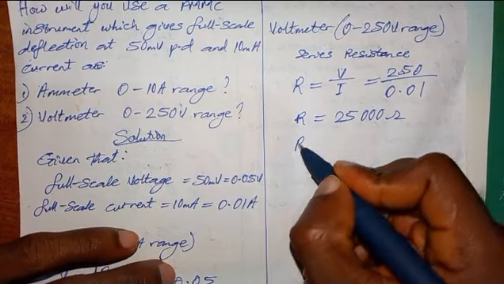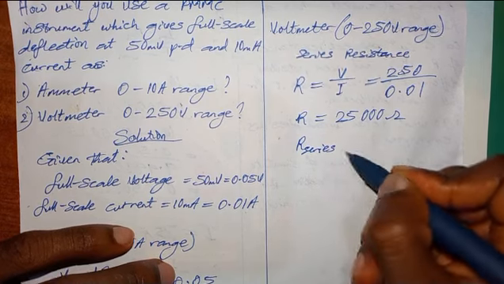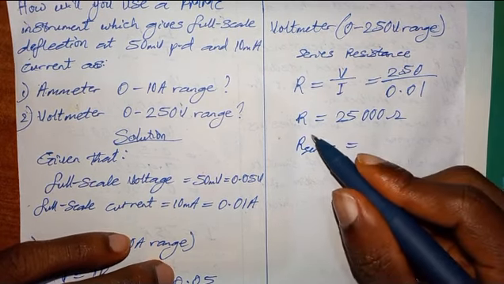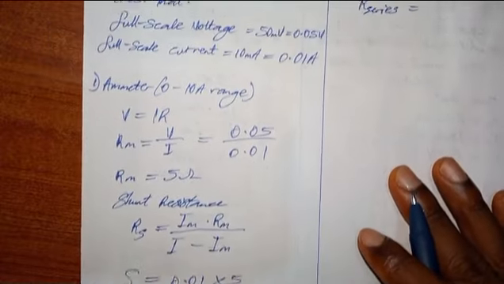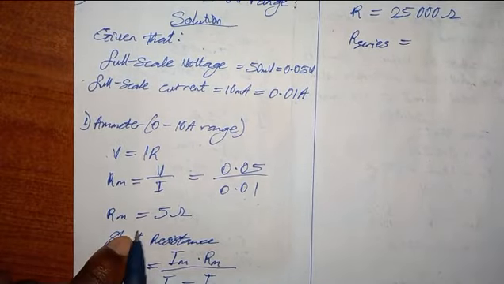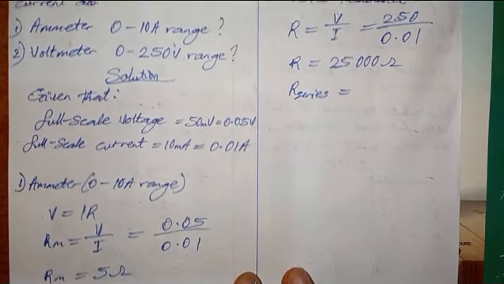Now the series resistance will be equal to the total resistance minus the meter resistance that was given here.